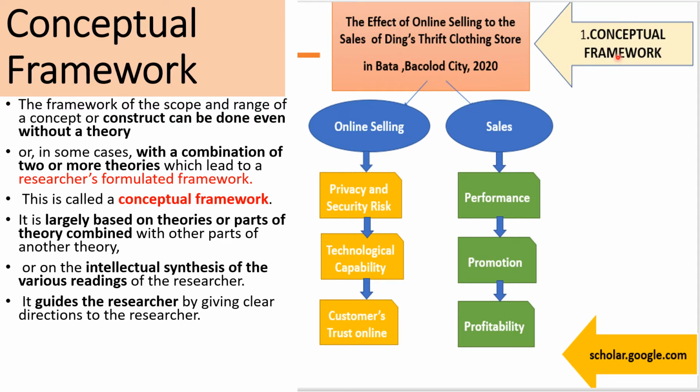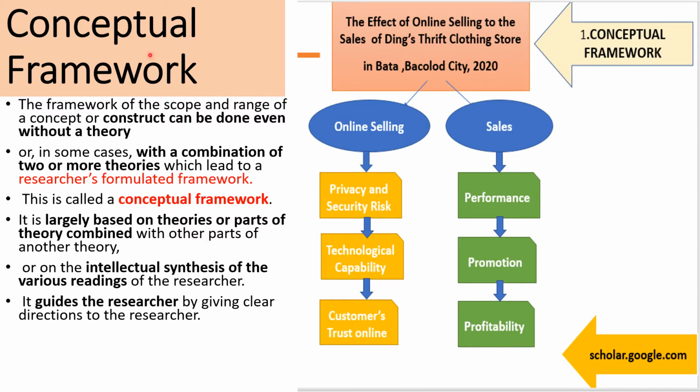So this is the conceptual framework that we're going to make. It's very good when you make a conceptual framework because it can be done without theory. Here, construct can be done even without a theory. Yes, that's really true. You can make a conceptual framework by your own choice, even though you don't have any theory to be used there. Still, you can start making your conceptual framework as a writer.